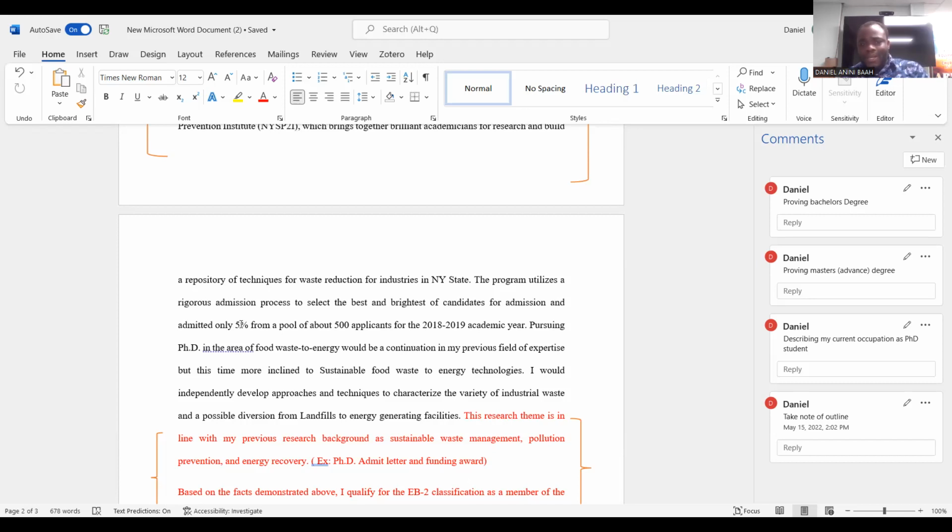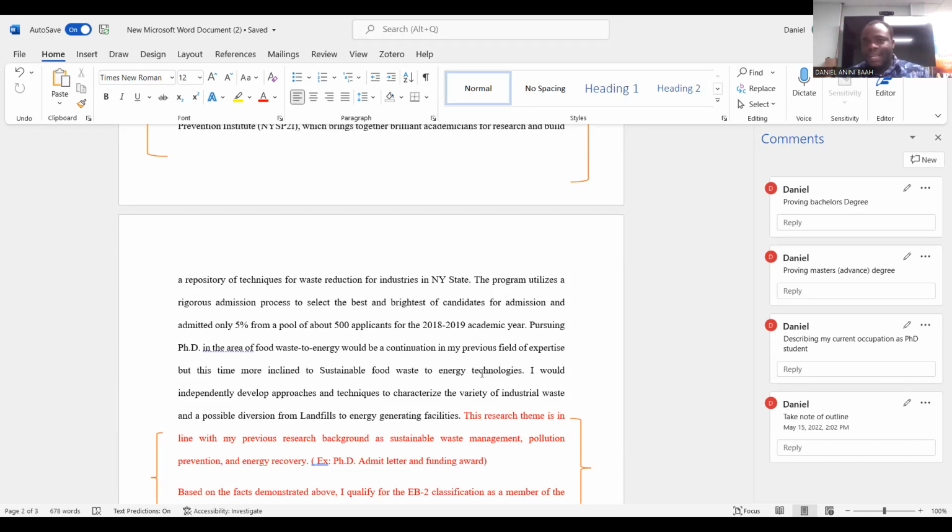It says, pursuing a PhD in the area of food waste to energy will be a continuation of my previous field of expertise, but this time more inclined to sustainable food waste to energy technologies. So you see that he is finding a way to draw a link between wastewater treatment and food waste to energy. His previous research is wastewater treatment and converting the algae to biofuel. Biofuel is energy.